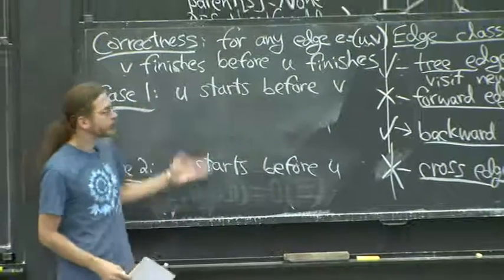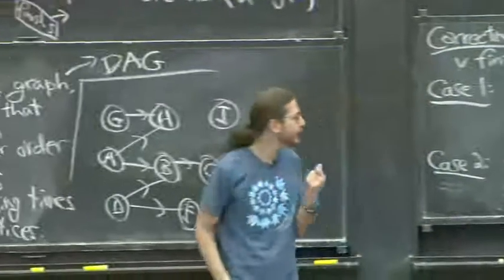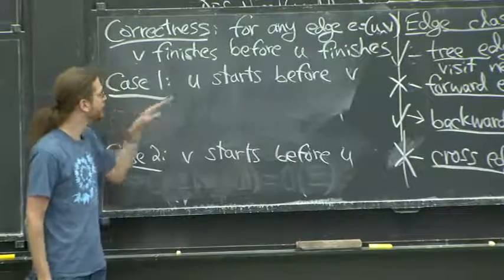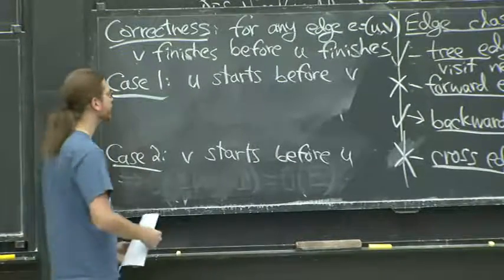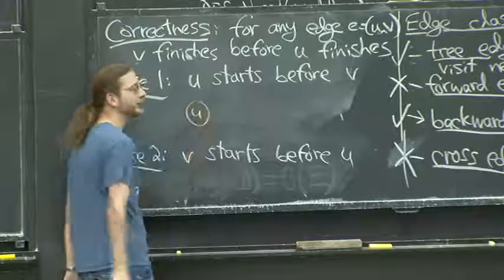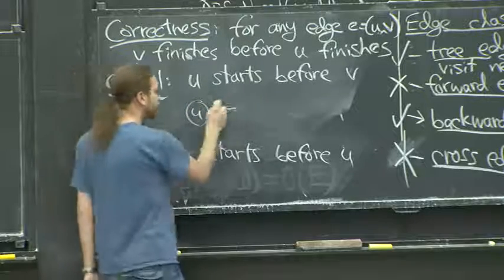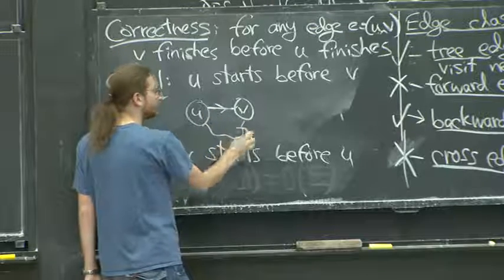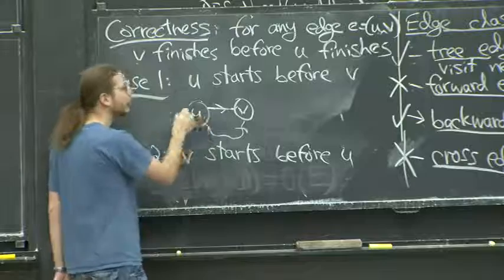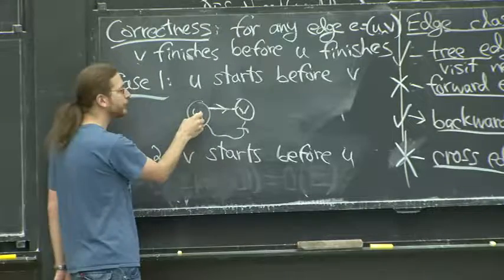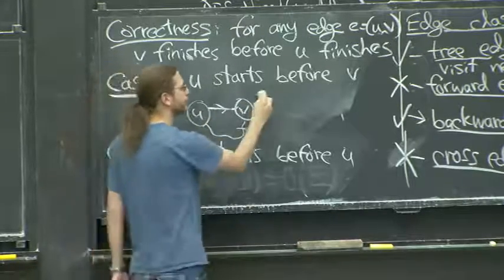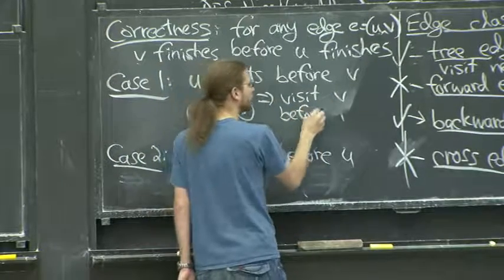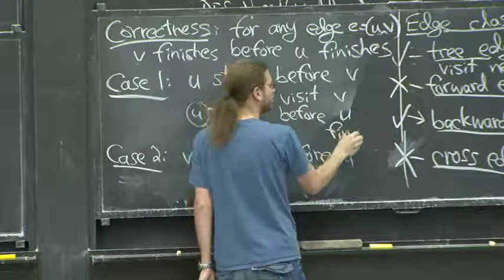So consider what order we visit them first at the beginning, and then we'll think about how they finish. Well, this case is kind of something we've seen before. We visit u. We have not yet visited v. But v is reachable from u. So maybe via this edge, or maybe via some other path, we will eventually visit v in the recursion for u. So before u finishes, we will visit v.